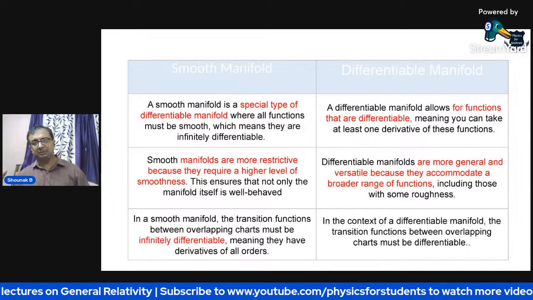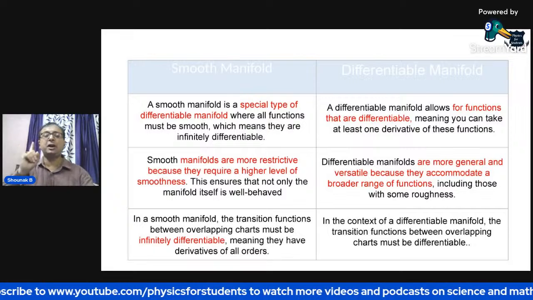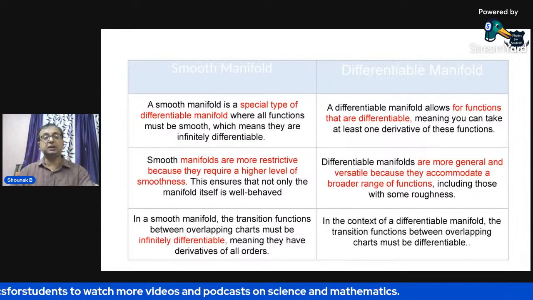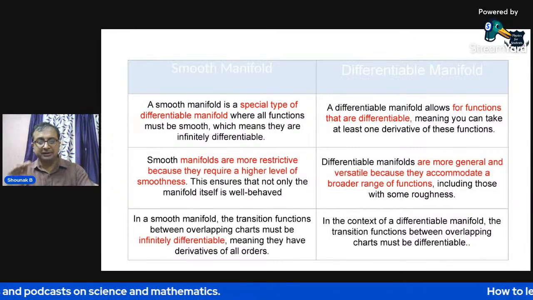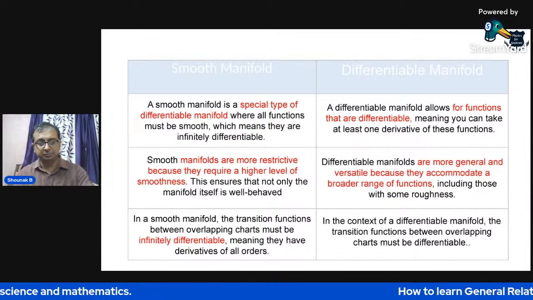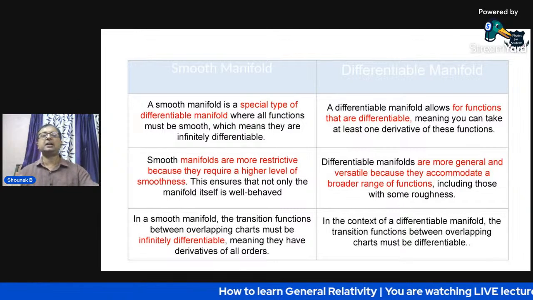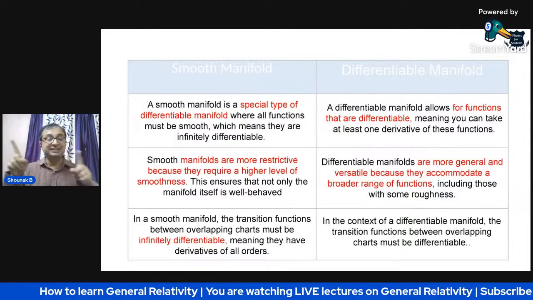First is the differentiable manifold allows for functions that are differentiable, means you can take at least one derivative of this function. Remember, it is taking at least one derivative. Here you can go infinitely. Smooth manifolds are more restrictive because they require higher level of smoothness. Differentiable manifolds are more general and versatile because they can accommodate, obviously, the smooth part as well as those kinks and borders.